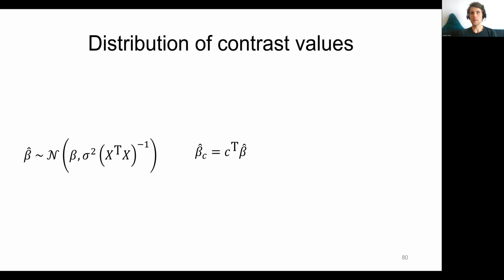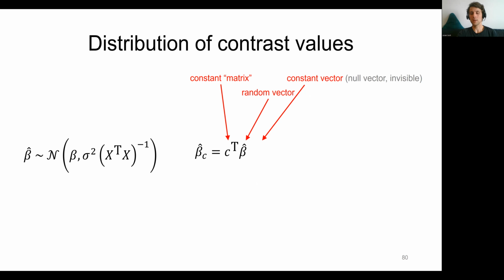So we can have a look at the distribution of the contrast value, which again is simply a linear combination of those. We here have a random vector, the vector of estimated regression coefficients, which is multiplied with a constant matrix, which in this case, at least for a T contrast, is just a vector, the contrast vector. And again, plus a constant vector, which is invisible because it's the null vector. This gives us another random vector, which in this case would be a scalar.